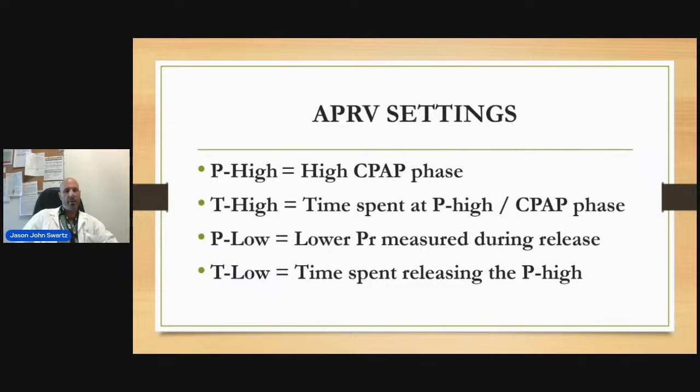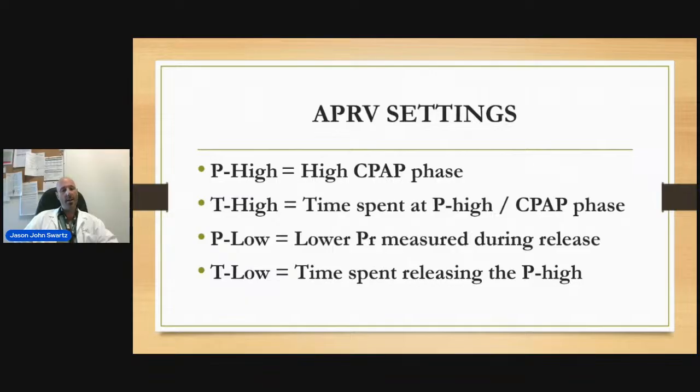So again, APRV settings, you have P high, that is the high CPAP phase where you're doing the majority of your breathing. You have your time high, that is the time spent on this pressure high setting, that CPAP phase. You have the P low, this is the lower pressure that is measured with an expiratory pause during the release phase.